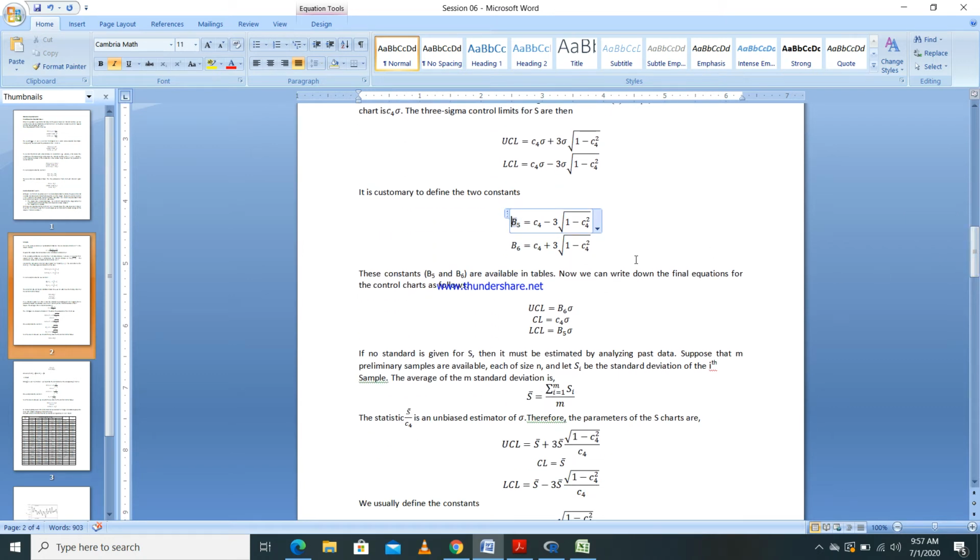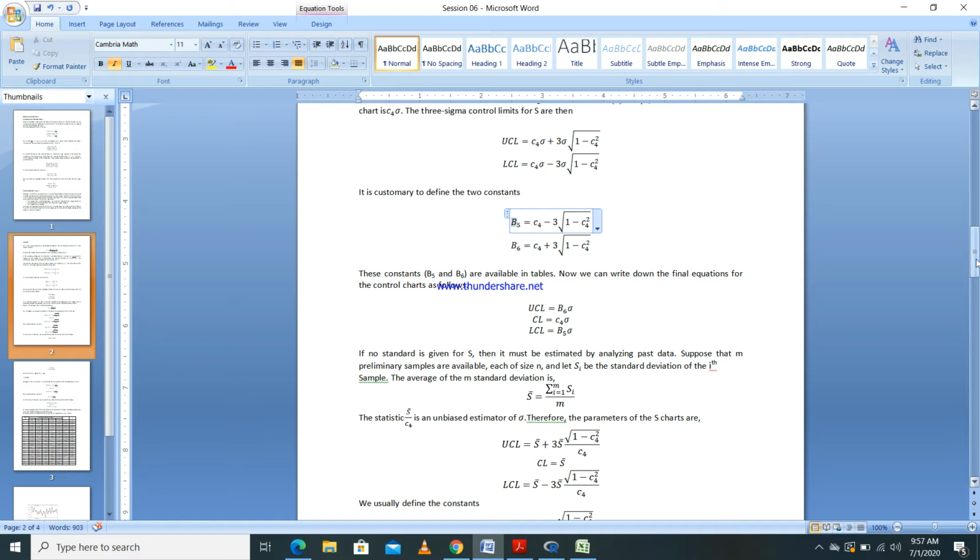That is, if the population standard deviation is a known factor, when you are constructing the S chart, the center line is C4 times sigma, upper control limit is B6 times sigma, and the lower control limit is B5 times sigma.